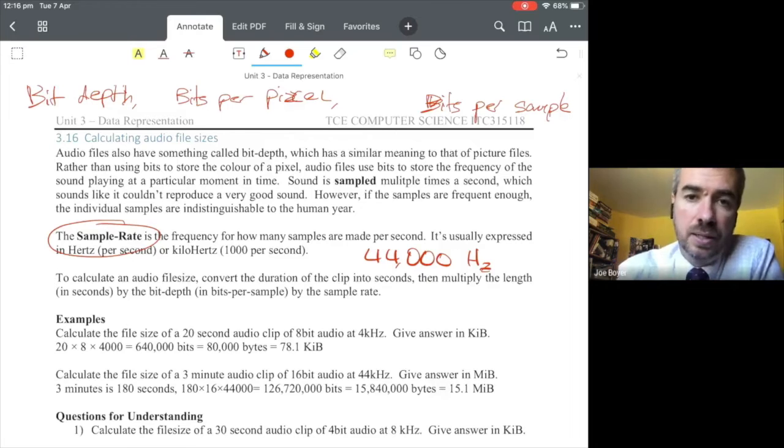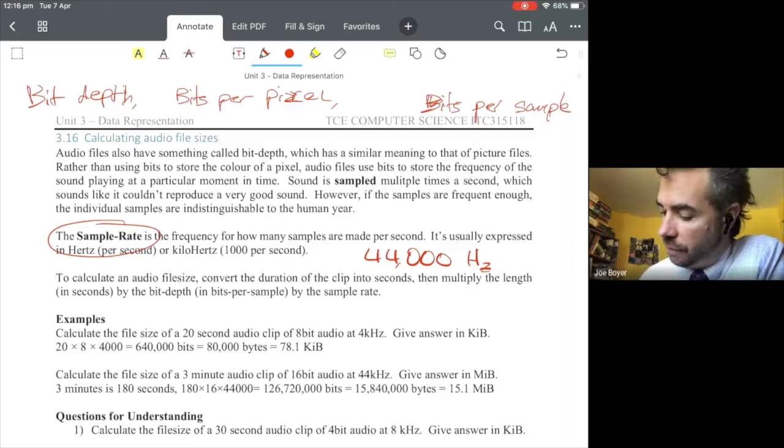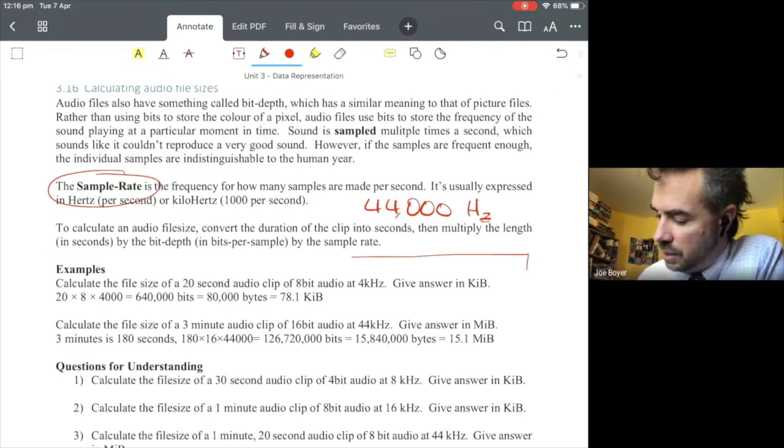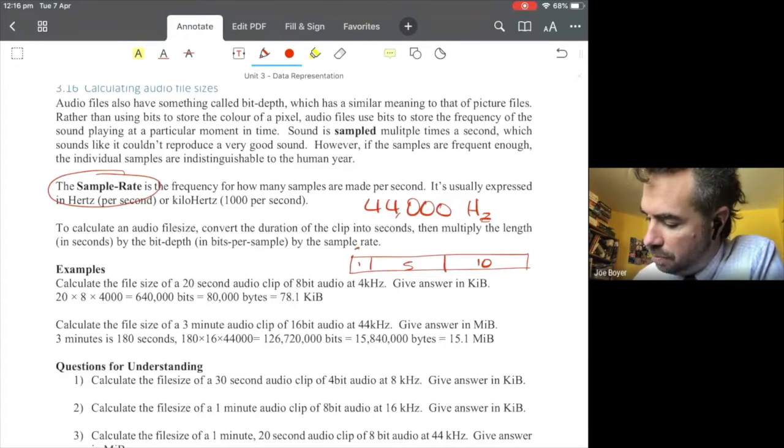The bit depth then is essentially how many bits we are using for each snapshot. All we're really recording is our frequency, which is some sort of floating point number. So we know that a floating point number could be using 16 bits, something that looks like that, to store our sign bit and our exponent and our mantissa.